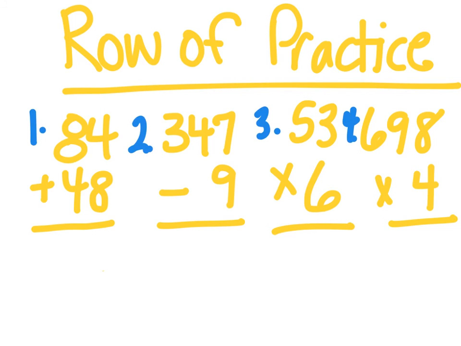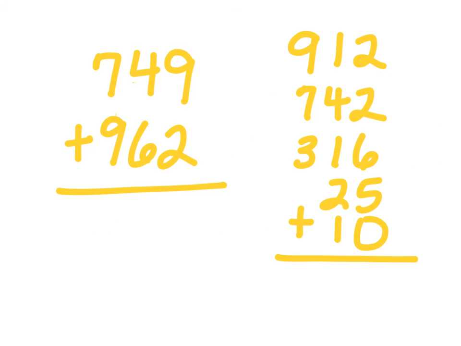And then on the next page is 749 plus 962, number 5. And then 6 is one of those long ones: 912 plus 742 plus 316 plus 25 plus 10.